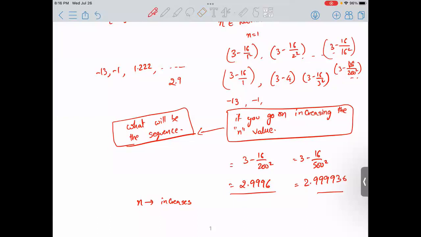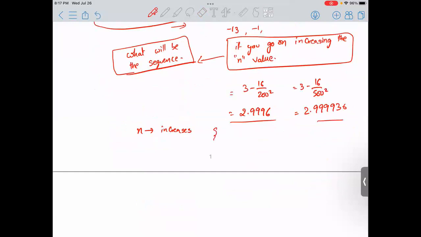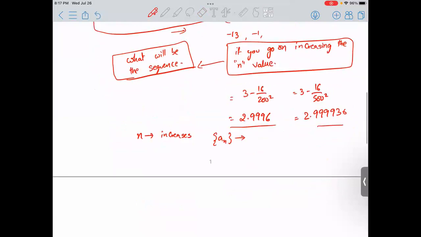Then you can observe that it is stagnating at 2.9996 and then 2.999936. You can observe there is a gradual stagnation at 3. That means as n increases, the sequence a_n is approaching 3. Clear?